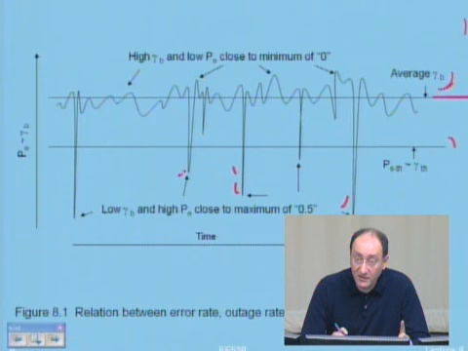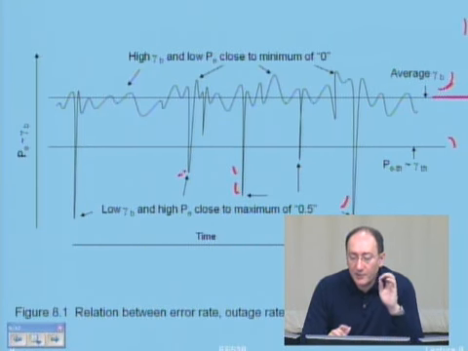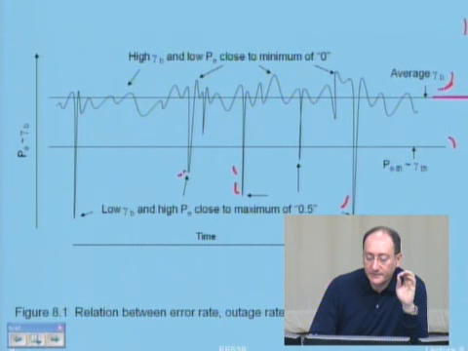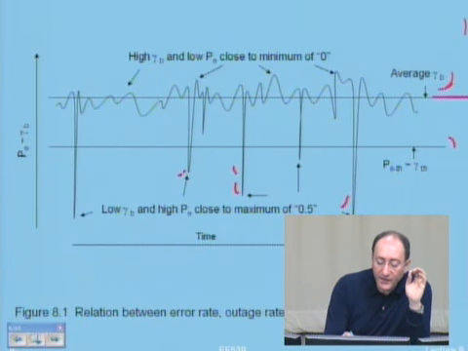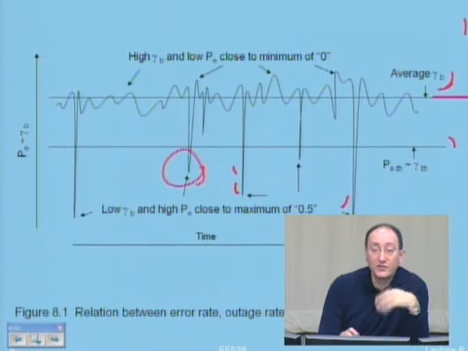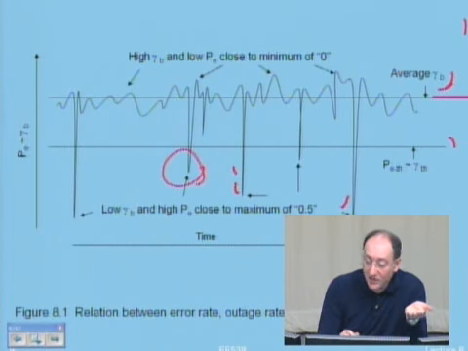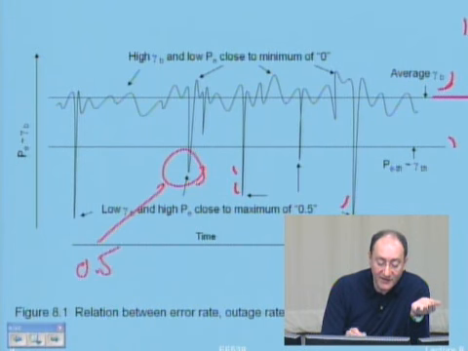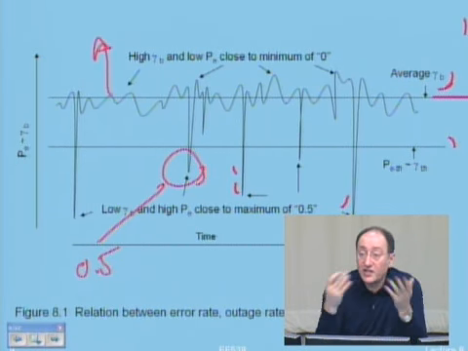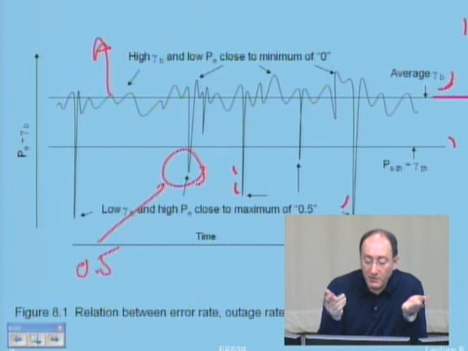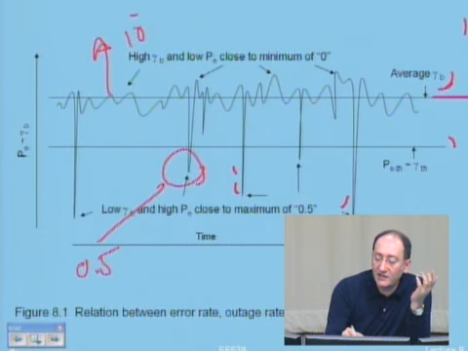Why does this happen? That's the first question. The reason is that when you go to the deep fades, the probability of error goes very, very high. It's something like 0.5. When you come on top, the signal to noise ratio is high, and the probability of error is like 10 to the minus 5, 10 to the minus 10.